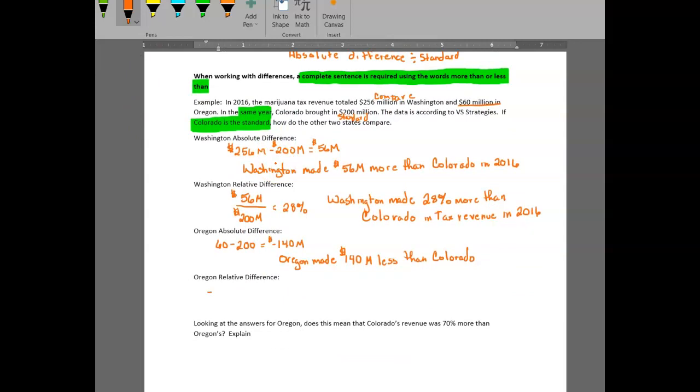Now if we take our negative 140 and divide that by 200, we get a negative answer, negative 0.7 or 70%. Again, percentages aren't negative, so that's why we're going to say less than. So I'm going to finish this sentence and make it a combined sentence: Oregon made $140 million less than Colorado, which is 70% less than Colorado.